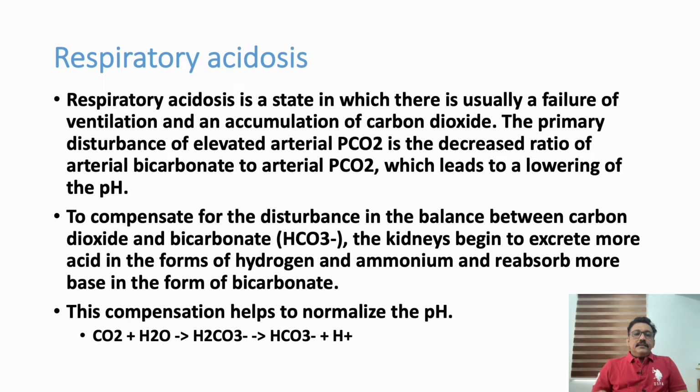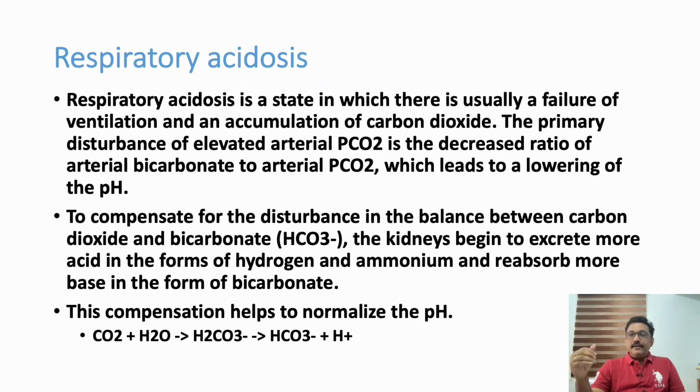To compensate for that, the kidney also will try. That we will see afterwards. That is called the compensatory mechanism by the kidney. So normally when there is breathlessness, initially there is tachypnea.